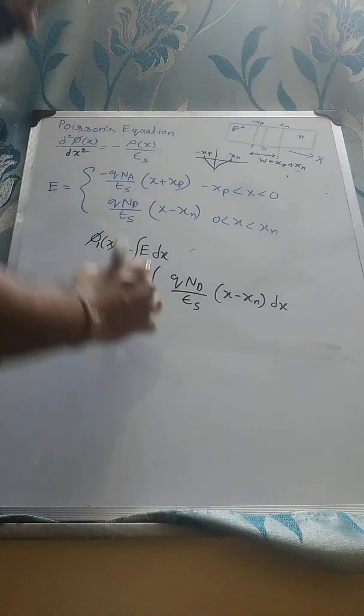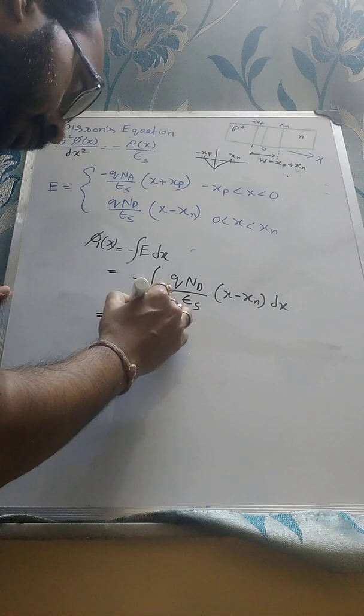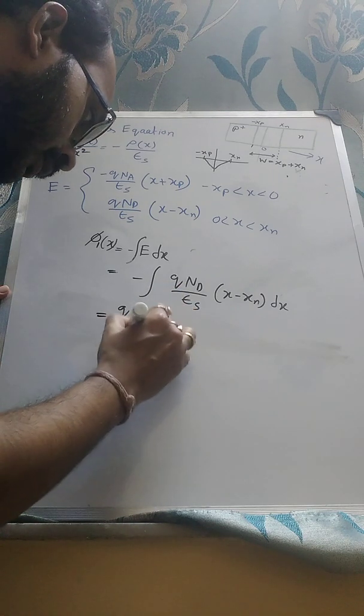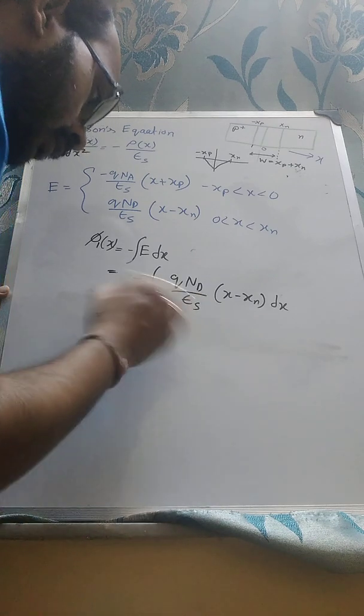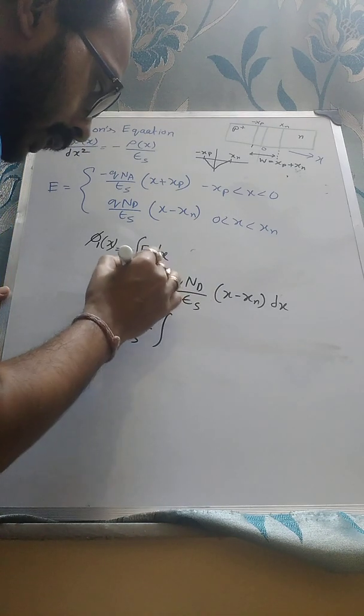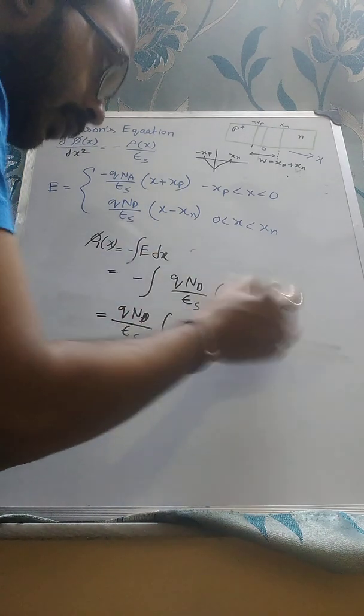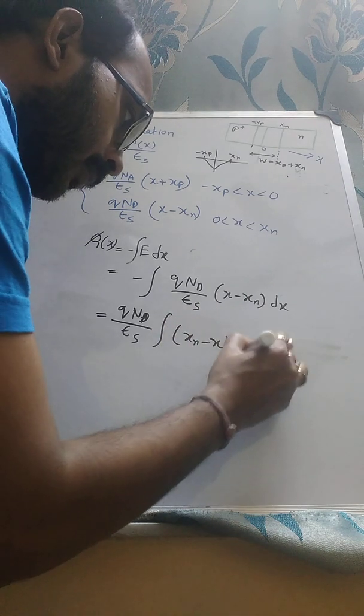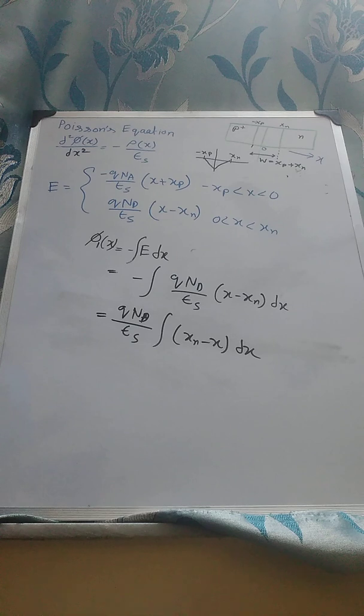We can even simplify this by integration. We are just taking the negative sign inside of this expression, and we would have (xn minus x) dx, right?